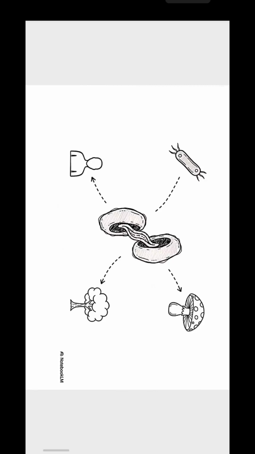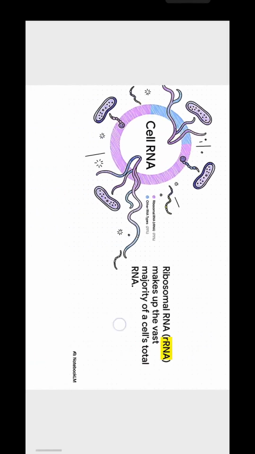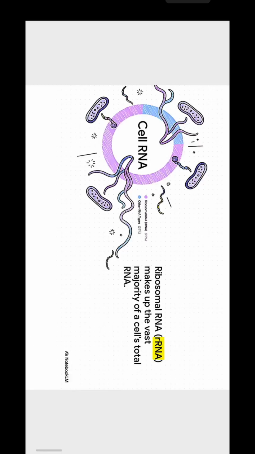We can say that the ribosome is a universal cell organelle which is present inside bacteria as well as in fungi, plants, and animals. It is present inside each and every type of cell, and it also contains ribosomal RNA.